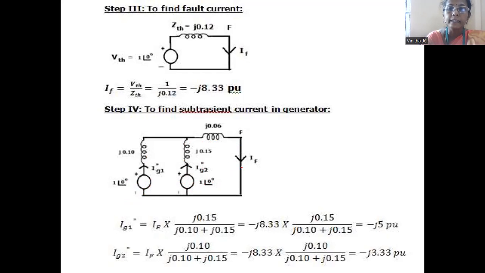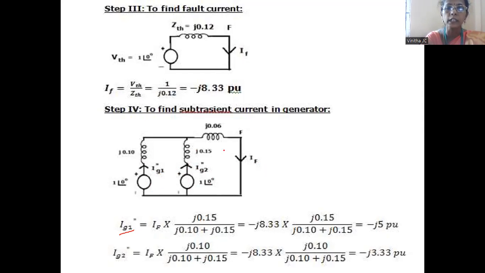Now here, this F point represents the faulty point. So the fault current IF will be flowing through the circuit from this faulty point towards generator 1 and towards generator 2. So if you want to calculate IG1 double dash, we need to apply the current division technique. So what is the current division technique? The total current into its opposite resistance divided by total resistances.